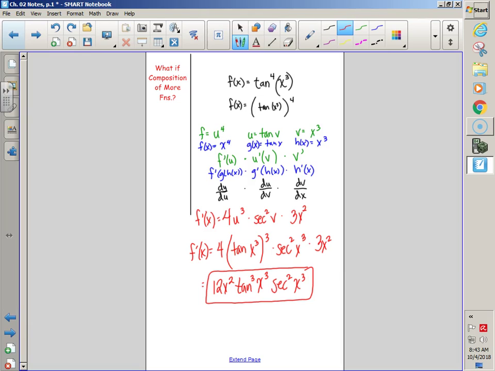Because the answer says tangent x cubed, tangent x cubed, tangent x cubed, but the notation for that is tangent cubed of x cubed every time. Does that kind of make sense? So there's no deriving going on. There's no technical distribution. It's just the notation for what this means. And so then I go back to the proper notation at the end. Is that cool?